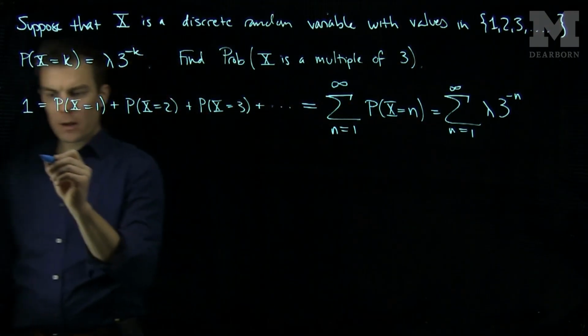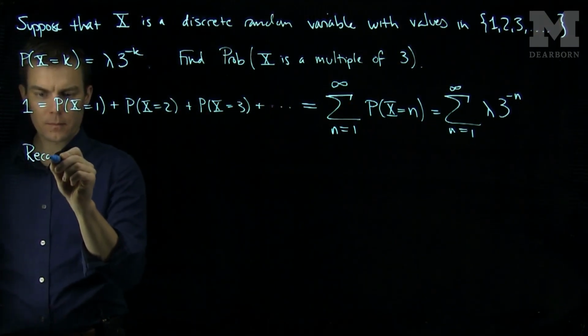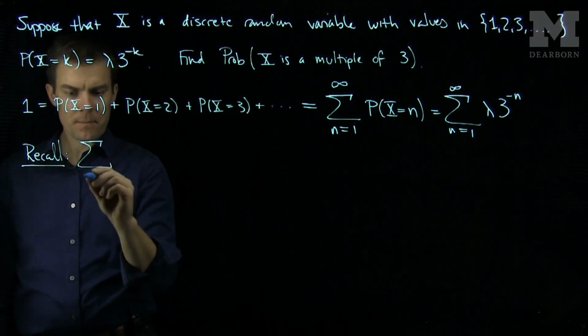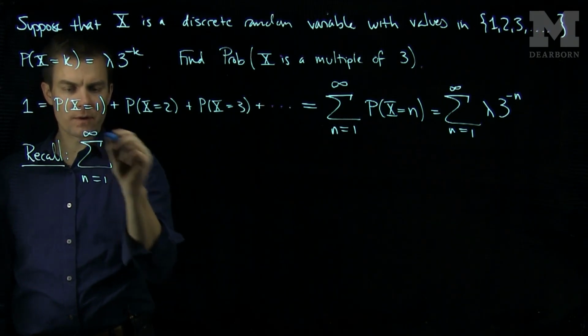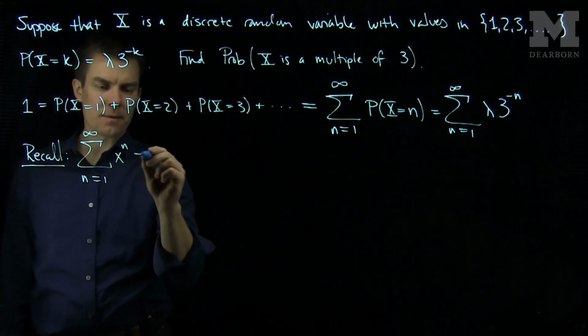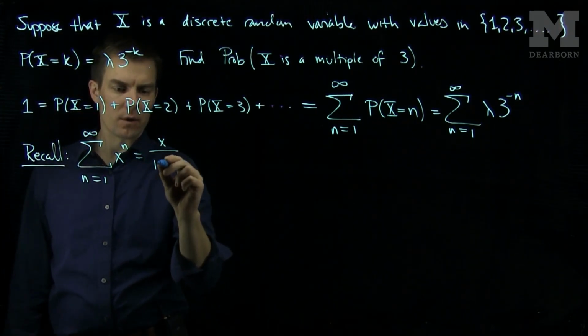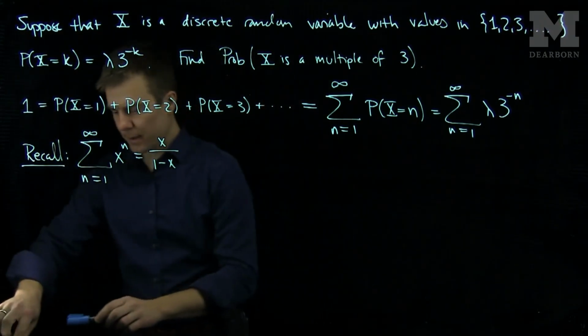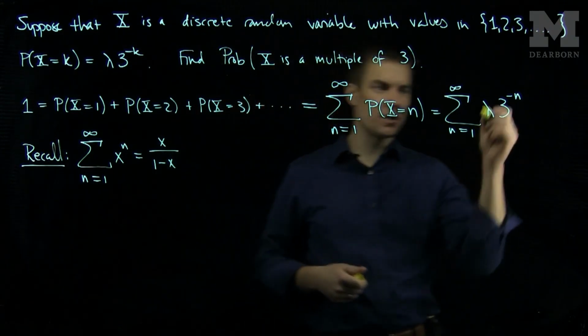So now we can recall that the sum, n goes from 1 to infinity, of x to the n is x over 1 minus x. So this series will simplify, and we know this has to be equal to 1.